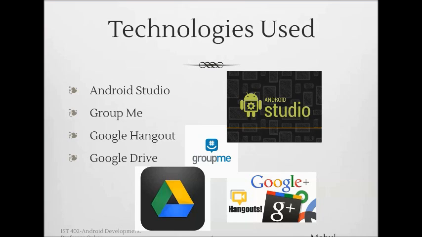We also use GroupMe to keep in touch with the teammates because we believe that GroupMe was the best option. People would reply faster than email or any other communication services out there. We use Google Hangout to have meetings as well as for our final presentation, and we use Google Drive as our repository to store all the documents as well as code and the project itself.